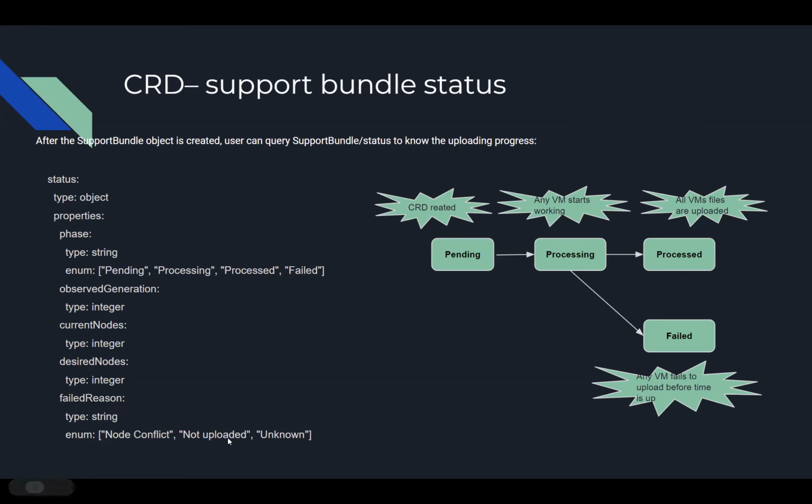By now, we planned these three reasons: node conflict, not uploaded, or unknown. A node conflict means that a request involves some nodes which are involved in another request, and the other CRD request is still in the processing state, so the reason might be marked as node conflict.